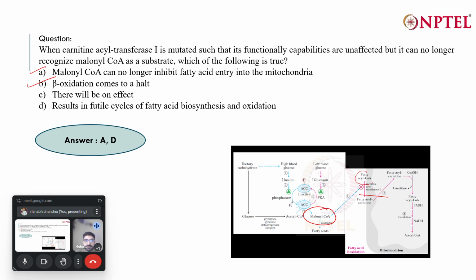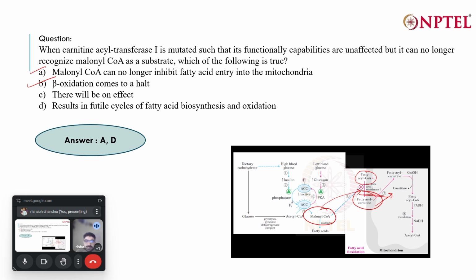So that means fatty acyl coenzyme A would normally not be able to convert to fatty acyl carnitine, and would not be transported to the mitochondria. Here, malonyl coenzyme A is not being recognized by carnitine acyltransferase 1.